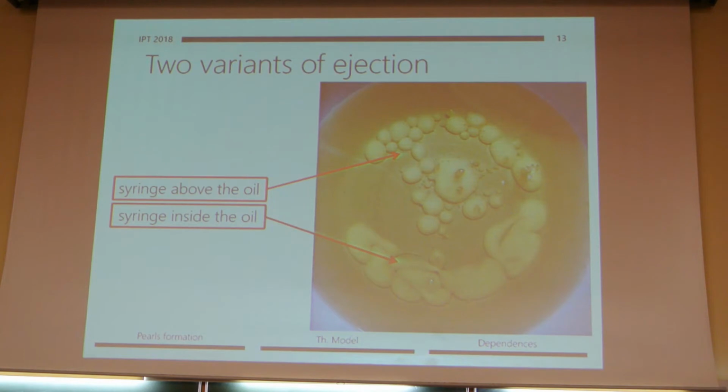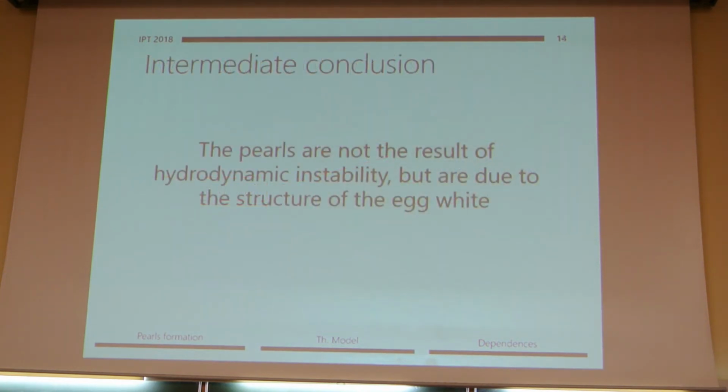We see clearly spherical pearls when we hold the syringe above the oil, and we cannot even clearly see a trace of egg white when we put the syringe inside the oil. So in all our experiments, we hold the syringe above the oil.